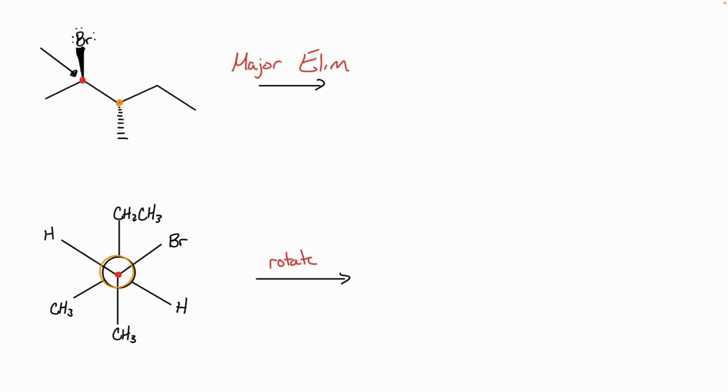And you can either rotate the back or the front carbon. It doesn't really matter. On your homework, I was specifying which one to do. We're going to do the back one. All right, so that means my hydrogen's going to need to be rotated in position. My methyl group's now going to be on top, and my ethyl group down there.